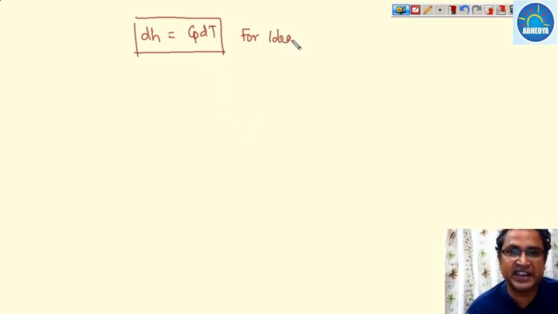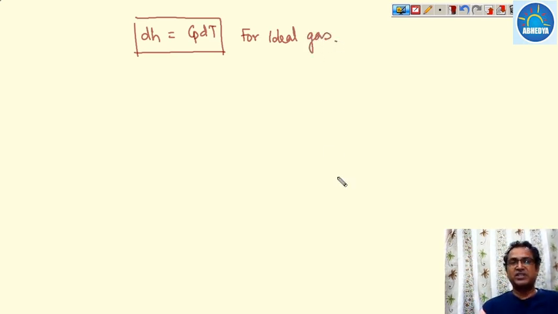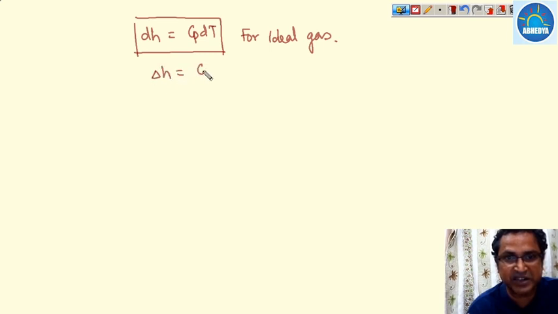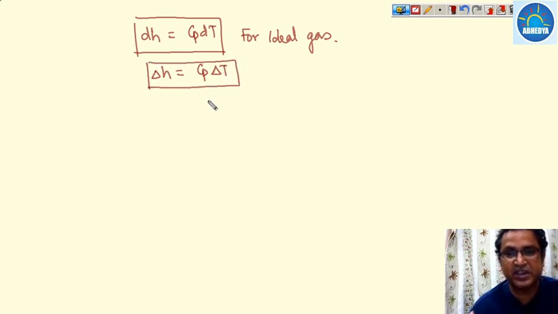Earlier, while discussing Maxwell's equations, we saw that internal energy for an ideal gas is a function of temperature. Similarly, enthalpy is also a function of temperature for an ideal gas. This can be written as change in enthalpy equals Cp delta T. At absolute temperature, when the temperature is 0, H will have to be 0.